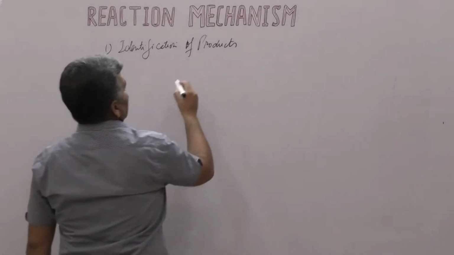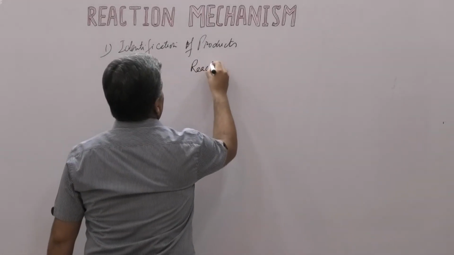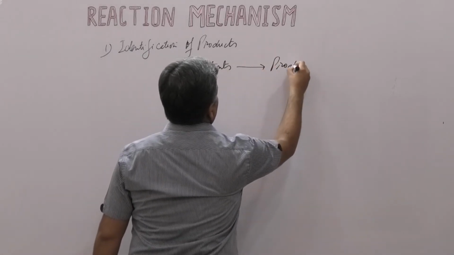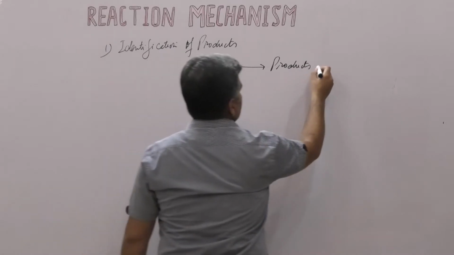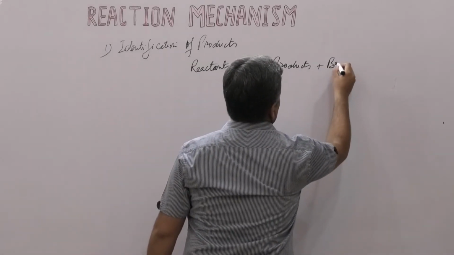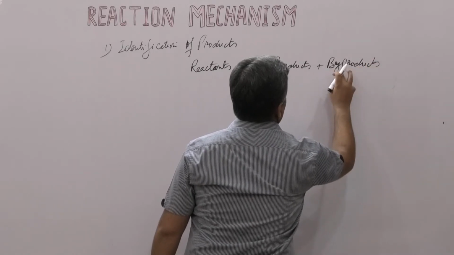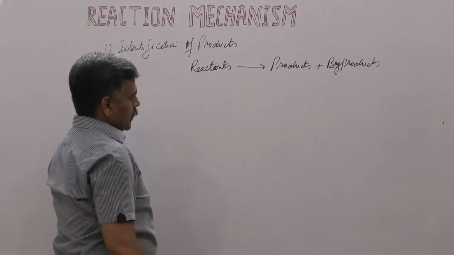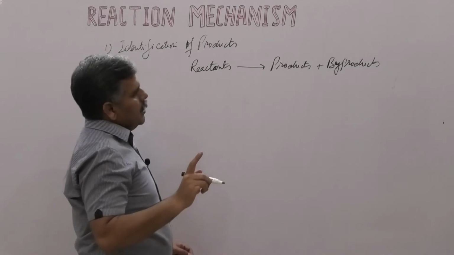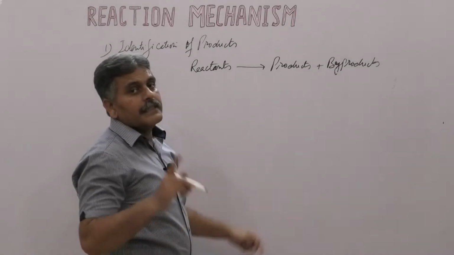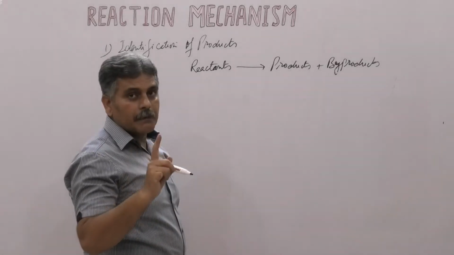Suppose we have reactants, and they are converted into products and byproducts. The mechanism which actually explains the formation of products and byproducts is the most acceptable mechanism.